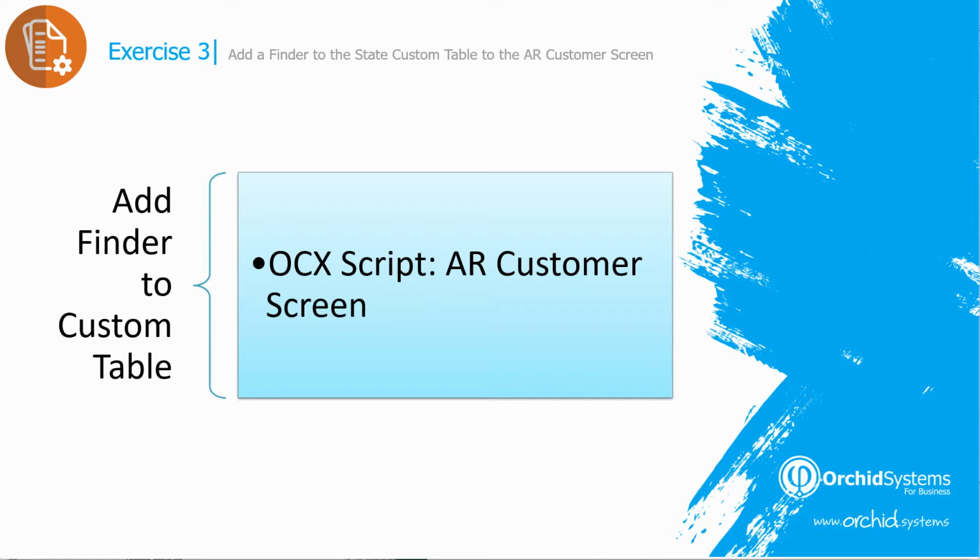The view script that we have written to date will always work when the AR view is opened, or when a state is imported, or when CRM creates a customer or updates a customer, or any external application that updates through the views. But in addition to aid data entry, we want to add a finder to this table if people are using the AR1300 screen to do their data entry.